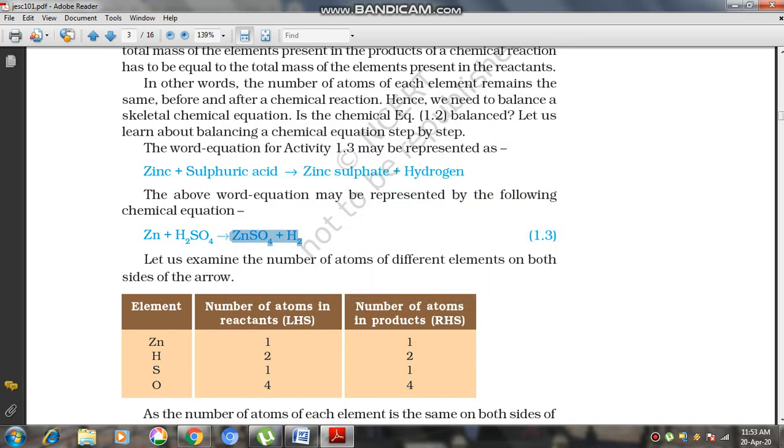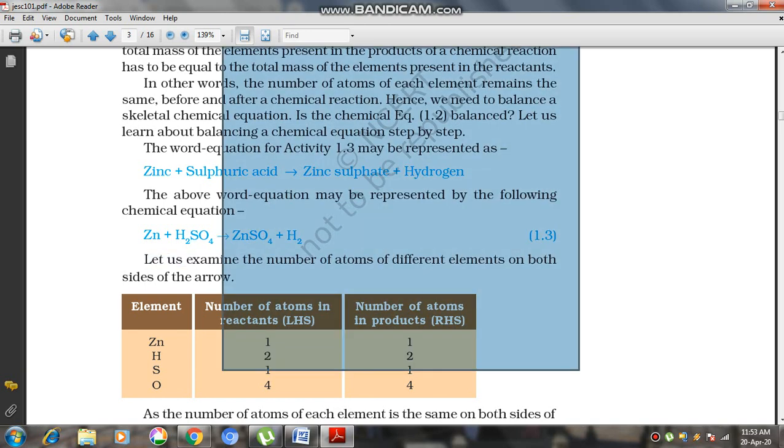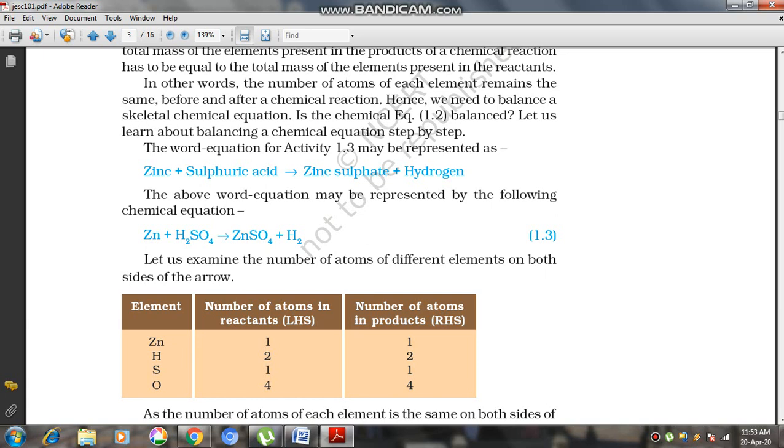In both sides there is only 1 zinc atom, in both there is SO4, and there are 2 hydrogen atoms, 2 from the reactant and 2 from the product. So the chemical equation is balanced.